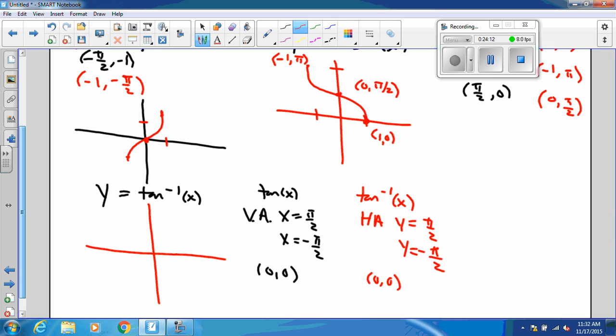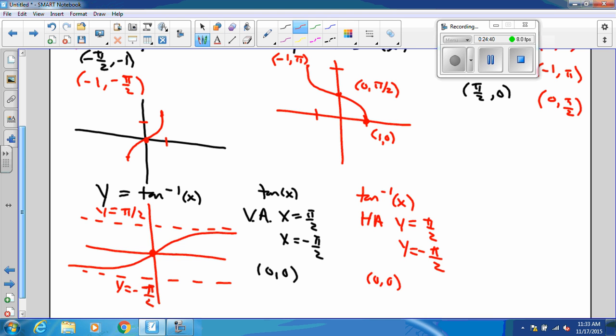So the graph of inverse tangent is going to have a horizontal asymptote y equals pi over 2 and a horizontal asymptote y equals negative pi over 2. And it's going to go through the origin. And now I can do a smooth curve that takes me through. Ta-da! Interesting graph.